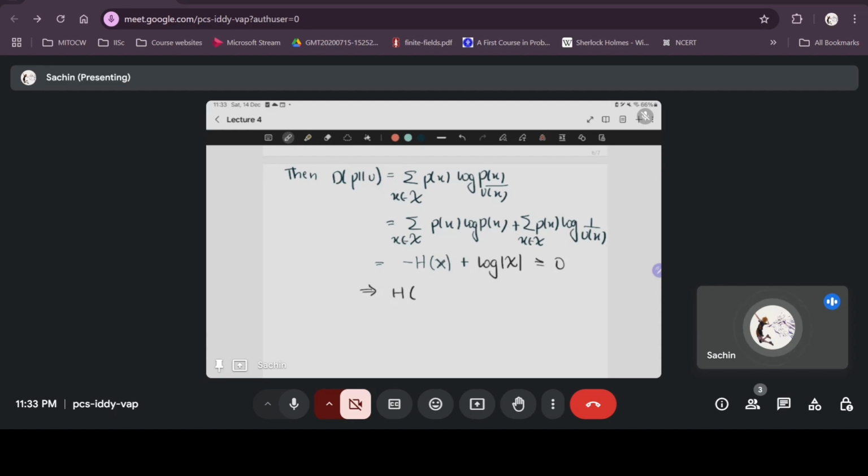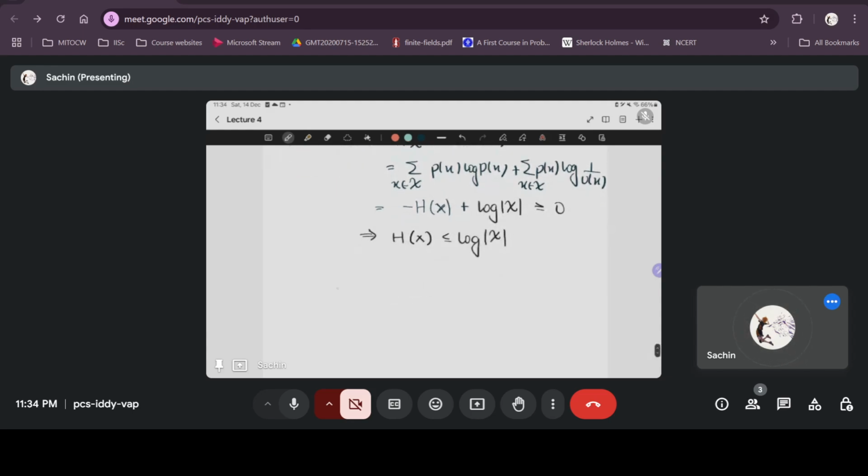And rearranging the terms, you will get h of x less than or equal to log of cardinality of x, with equality if and only if this distribution p of x is equal to u of x.